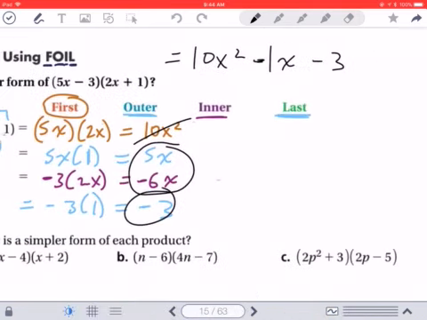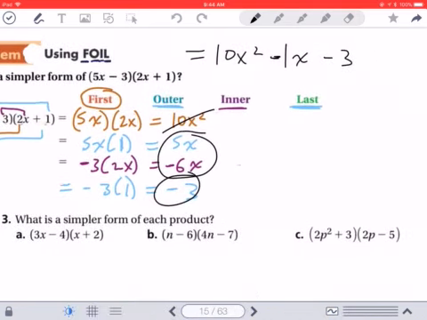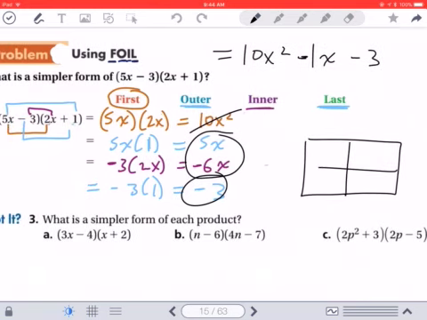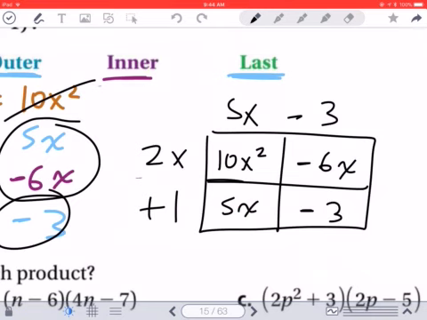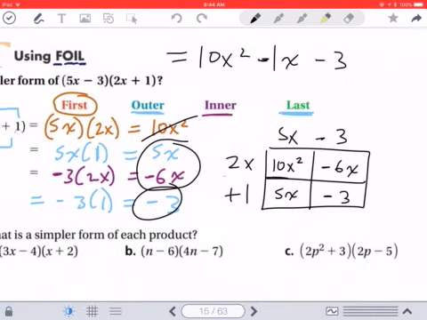Just to prove that it's the same, let's do it with the box method. So I'll do 5x minus 3 and 2x plus 1. This is going to be 10x squared, minus 6x, 5x, and minus 3. I get my 10x squared right here.